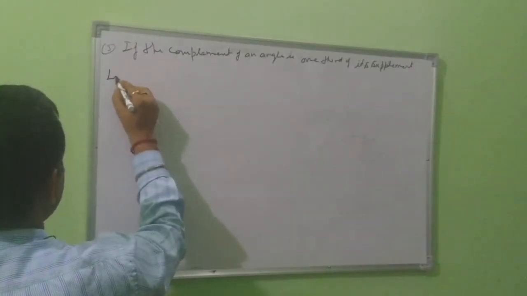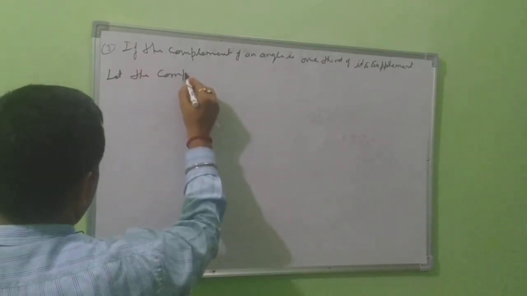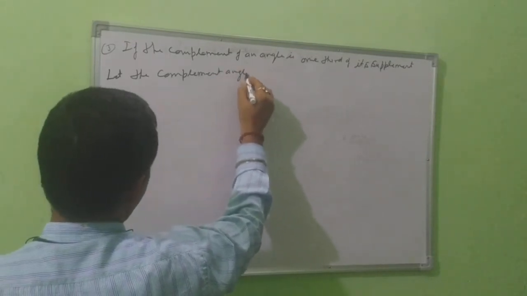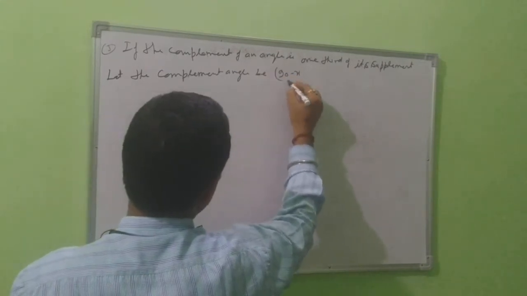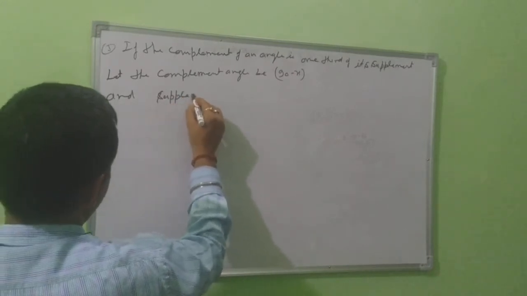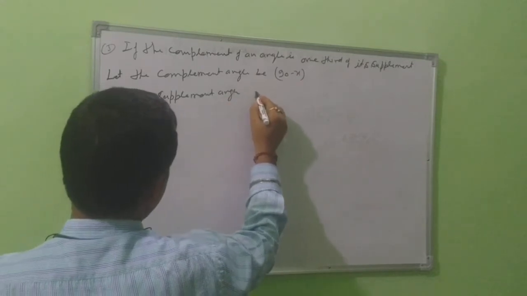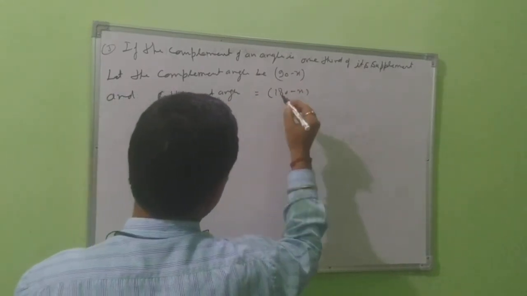First, let the complement angle be 90 minus x and the supplement angle equal 180 minus x degrees.